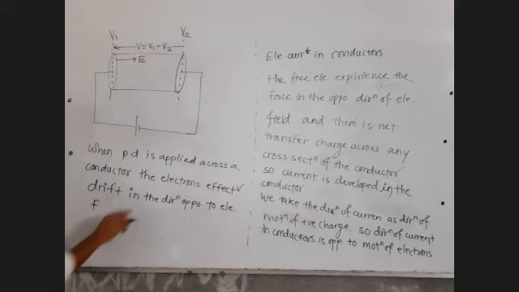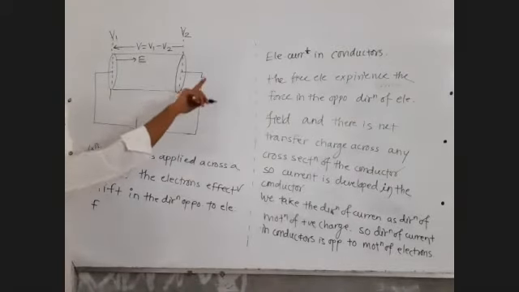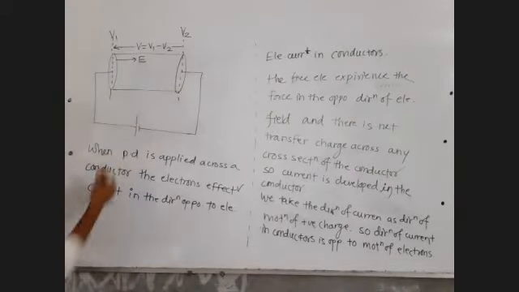These are new terms, so just keep on writing. A positive charge experiences force in the direction of the electric field, a negative charge opposite to the electric field. Electron is a negative charge, so the electrons drift in the direction opposite to the electric field.